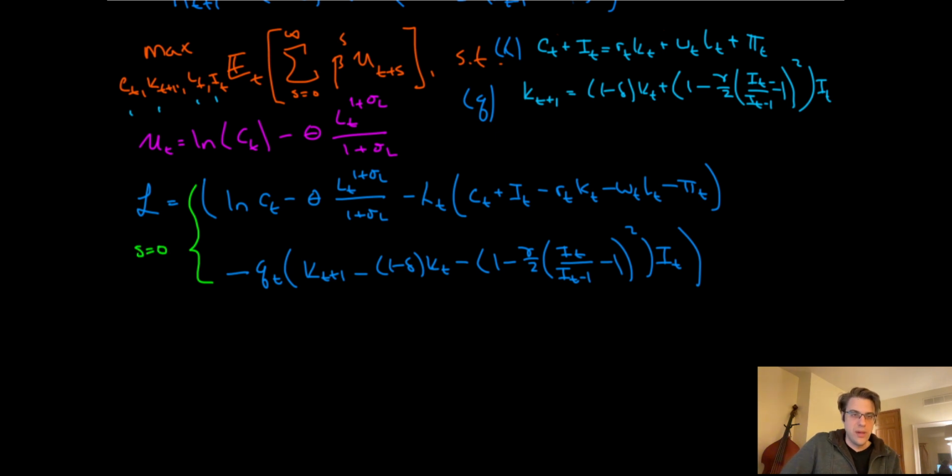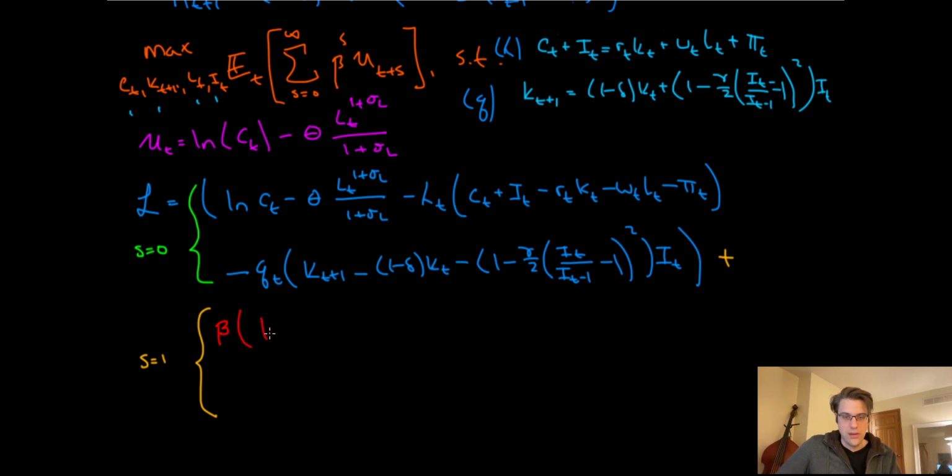And now we need to step forward, and we need to consider s equals 1. So let's have a whole other chunk of Lagrangian for s equals 1. And that's going to be the exact same equations, just with all the indices shifted, and there's also a beta. I'm going to put a beta all the way out in front here.